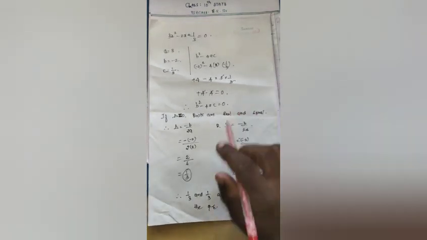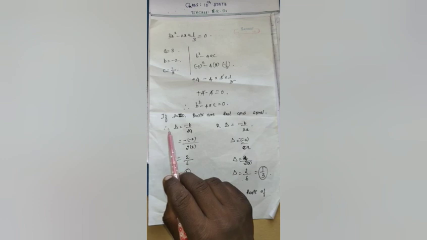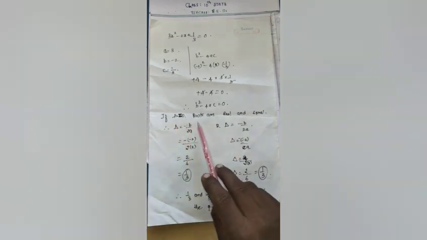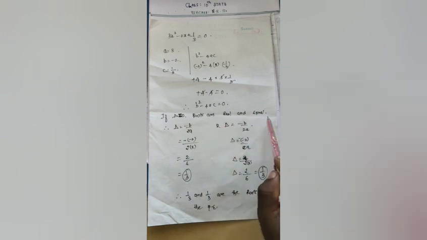Okay, so if b square minus 4ac is equal to 0, that is delta is equal to 0, the roots are real and equal.